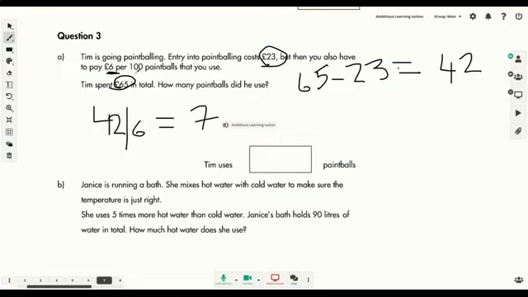So how many paintballs did he get? He gets 100 each time because he wants to take the offer. Multiply by 100. That gives you guys 700.